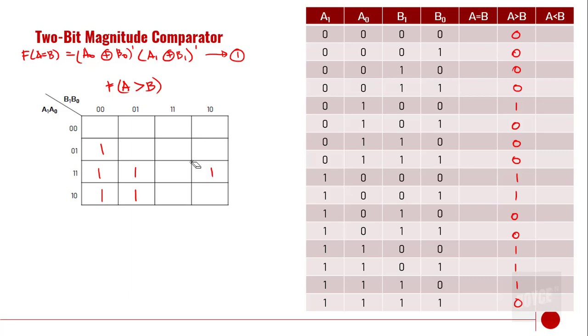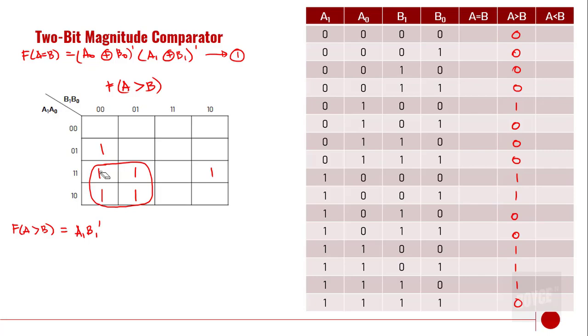Okay, so from here we can already make groupings. So the first grouping would be ito yung pinakamalaki. Ayan, so let's write the expression agad, the term. So for that, the term would be, as you can see, yung A sub 1 is hindi nag-change and B sub 1. So it would be A1, B1 prime.